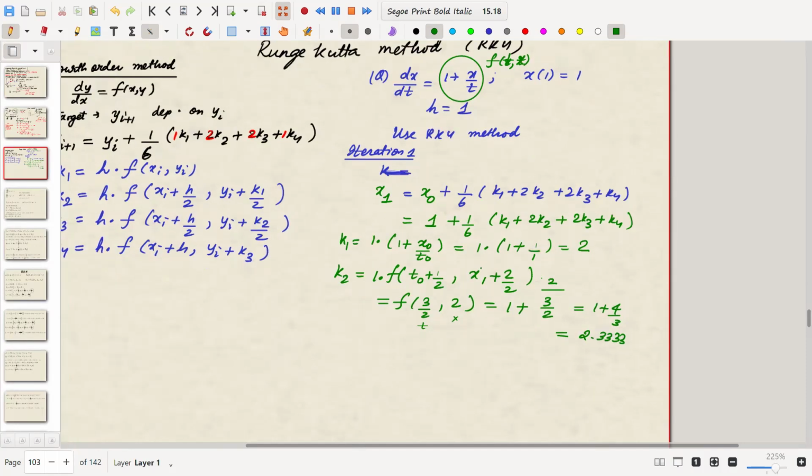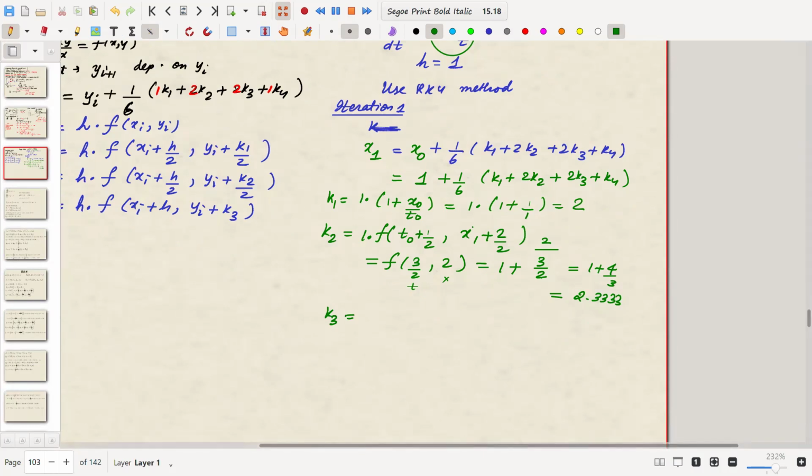Okay. What is K3? H times f of t naught plus 1 by 2, comma, x1 plus k2 by 2. That is 2.333 by 2. This is t naught is 1, right? So this is t naught plus 1 by 2, comma, sorry, this should be x naught, depending on the past value.